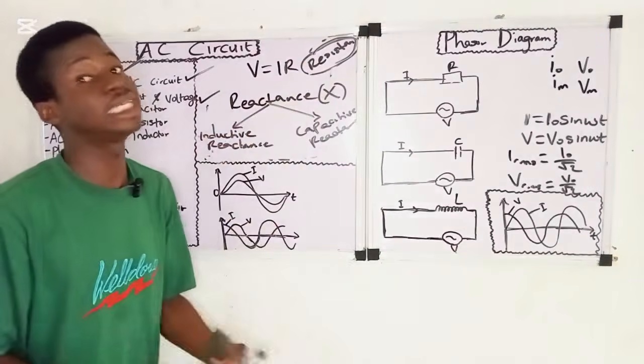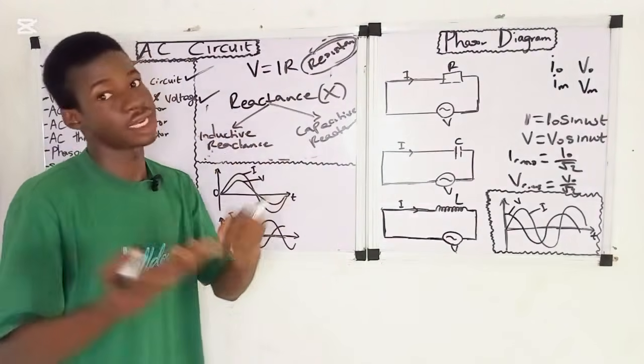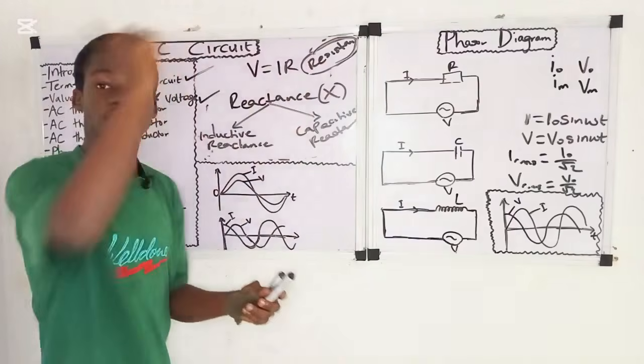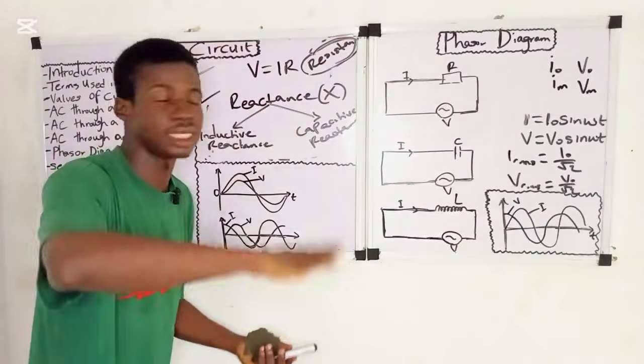Reactance is not found in a DC circuit. Reactance is only found in an AC circuit, whereas resistance is found in a DC circuit as well as in an AC circuit.